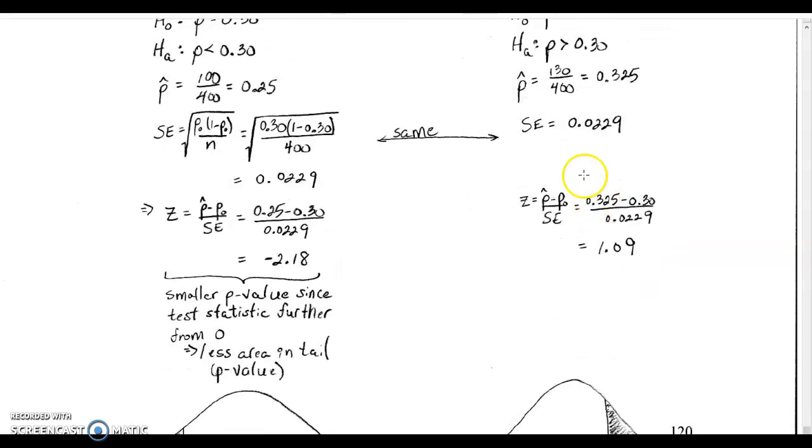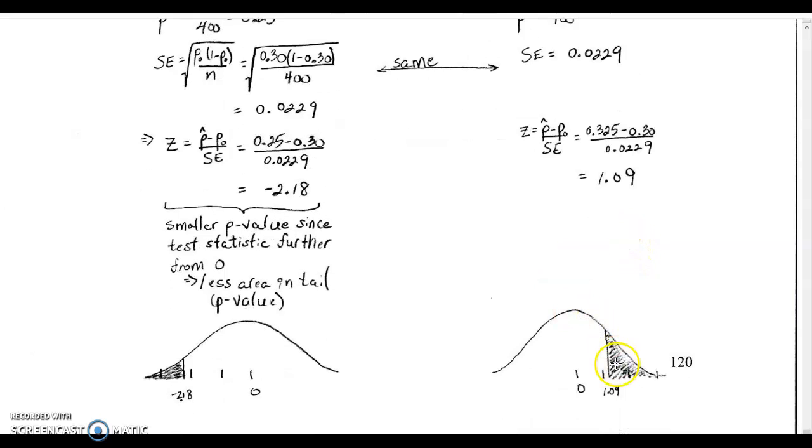I work all this the same. The standard error is still 0.0229 because it's using the same calculations. We use 0.30 for p naught and get the same standard error. The test statistic will be different because our p hat now is 0.325, minus p naught, which is 0.3, divided by the standard error. So that's a z-score of 1.09. Now 1.09 is not nearly as far away from 0 as negative 2.18 is, just like 32.5% is not as far from 30% as 25% is.